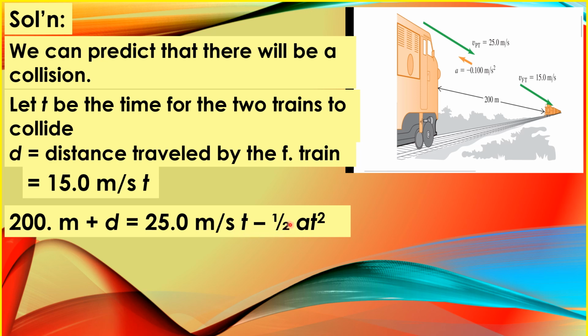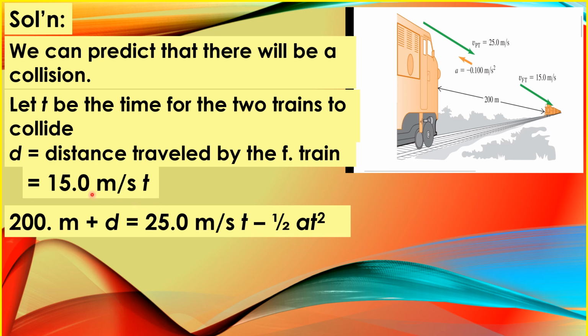And of course, to be deducted from that is the value of 1/2 its acceleration or deceleration multiplied by the square of the time elapsed. So as you can see, in this particular equation, considering the motion of the passenger train, we have two unknown quantities, the distance d and the time elapsed, small letter t.